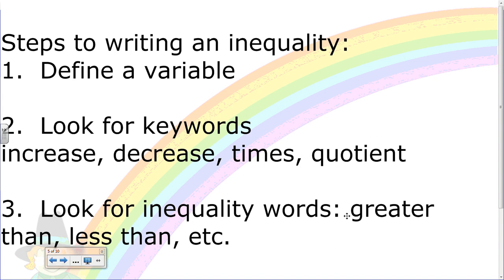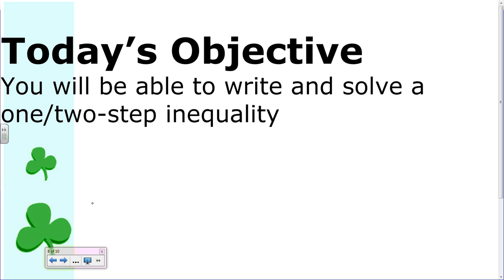Lastly, look for inequality words like greater than, less than, greater than or equal to, less than or equal to. Today's objective. You'll be able to write and solve a 1 or 2-step inequality.